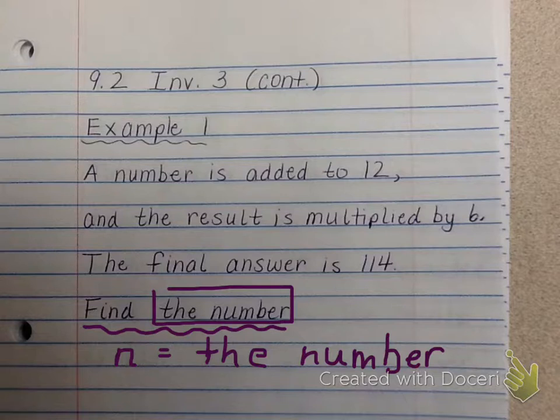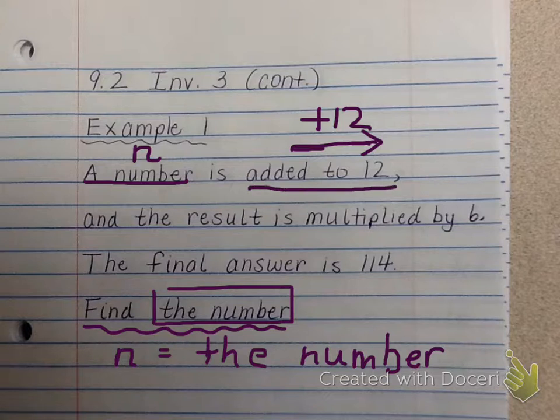I start up top with a number is added to 12. Well, since a number is our n, I see that it says is added to 12. That shows me that I'm going to be adding 12.